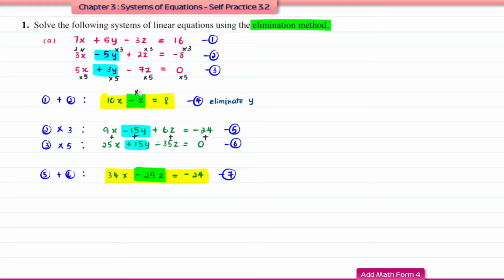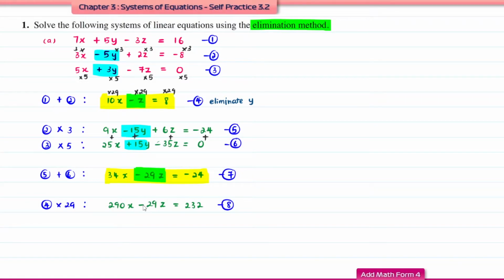For equation number 4, I'm going to multiply each of the terms by 29. So you're going to have 290x minus 29z equal to 232. I'm going to label this as equation number 8.